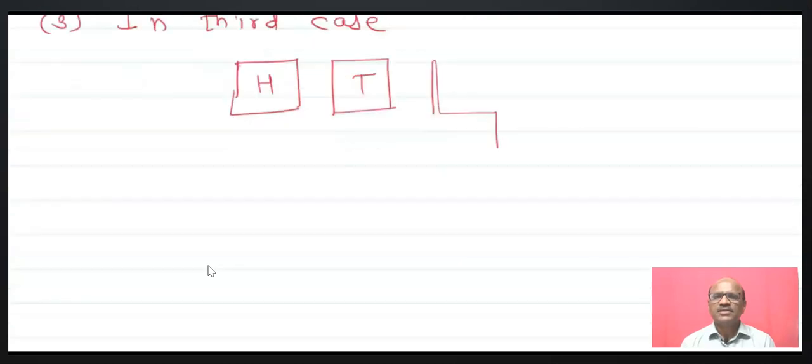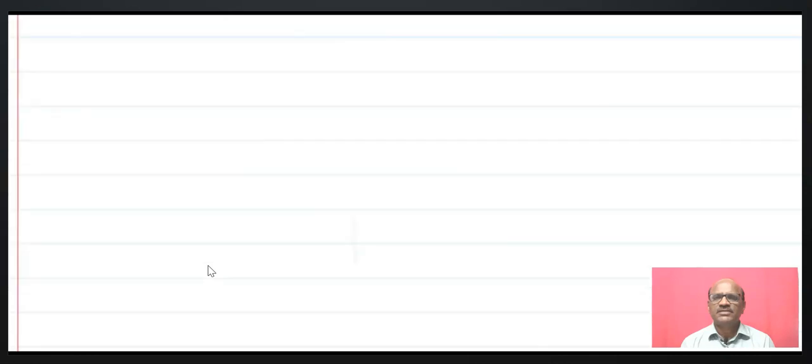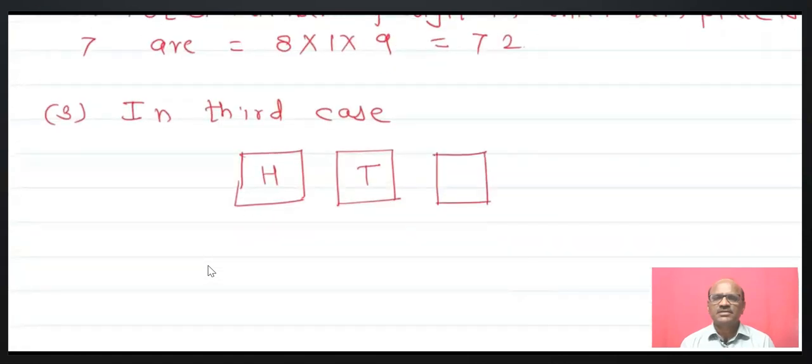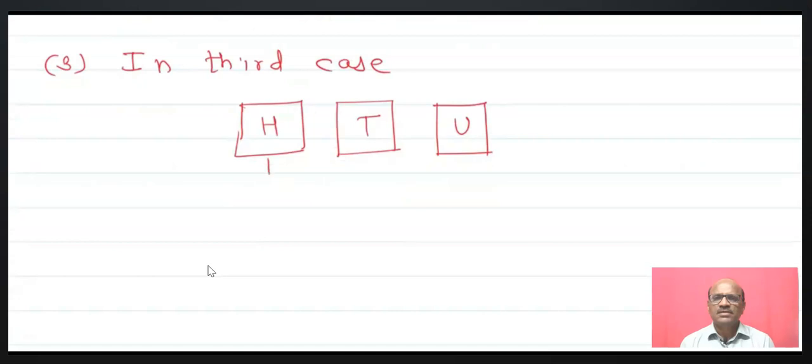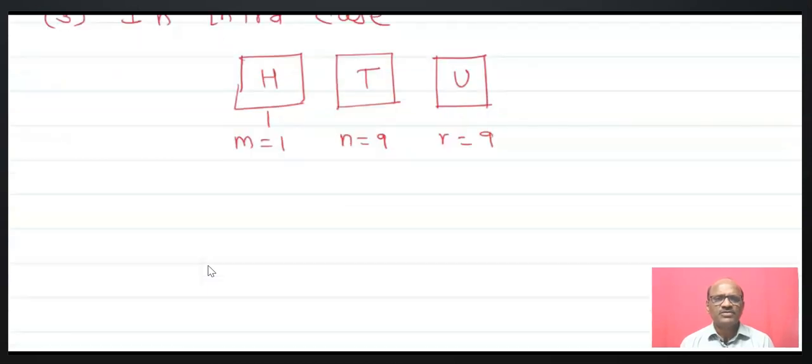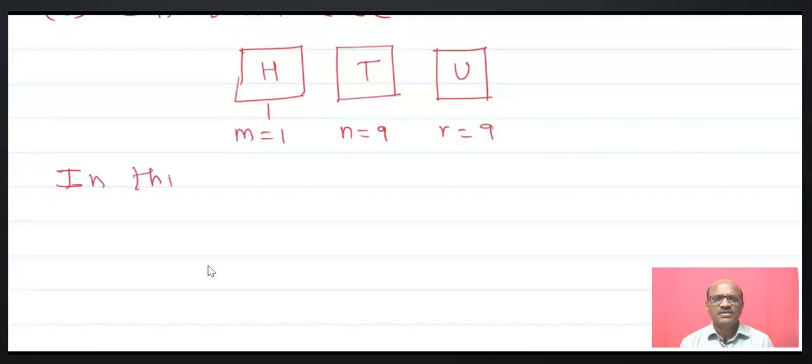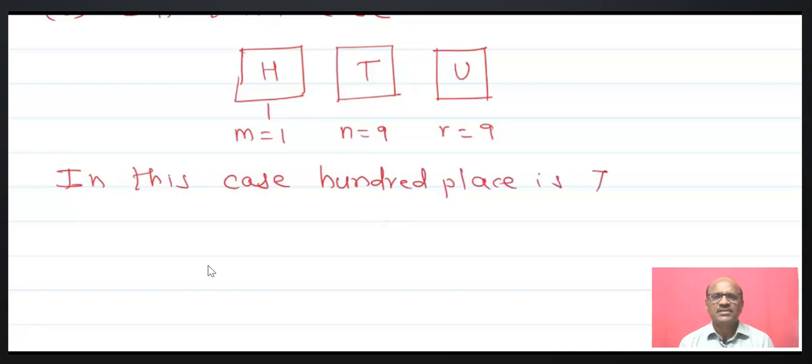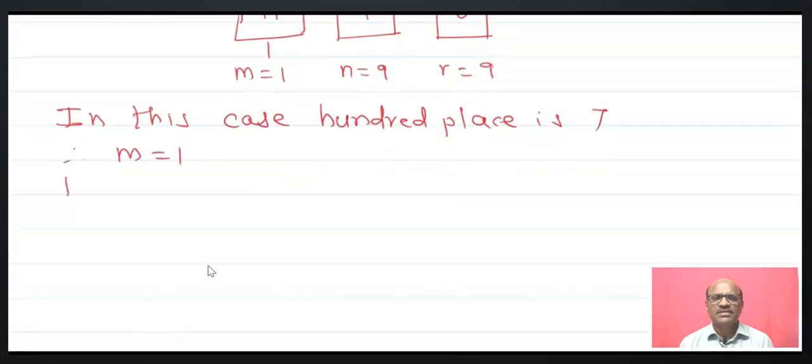In third case, that is 100 place, 10th place, and the unit place. Now here 100 place is 7. Therefore, m is equal to 1.